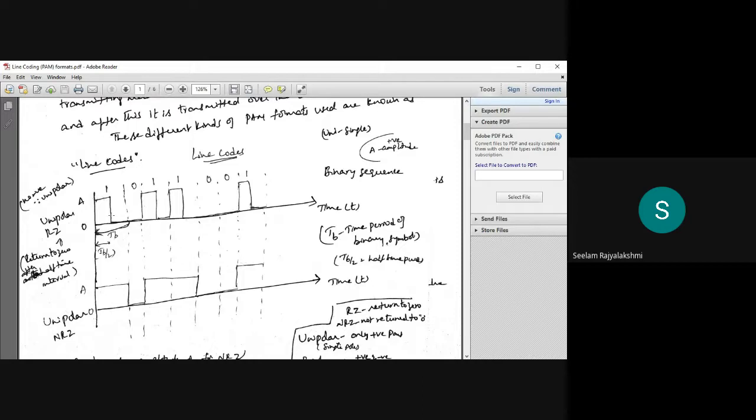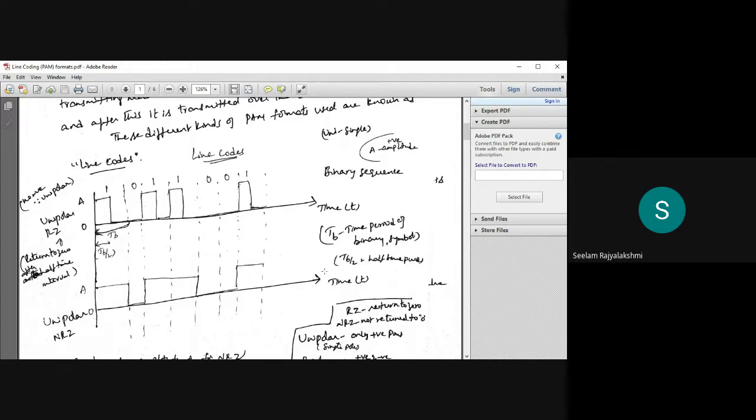So this is how we are transmitting. Whenever the receiver needs to receive these pulses, we need some synchronization to detect the unipolar non-return to 0 pulses. Why do we need the synchronization? Because the data which we transmit should be equal to the received data, so synchronization is necessary to detect unipolar NRZ pulses.